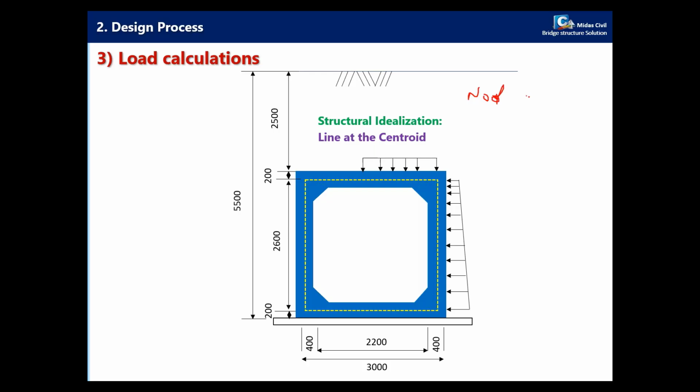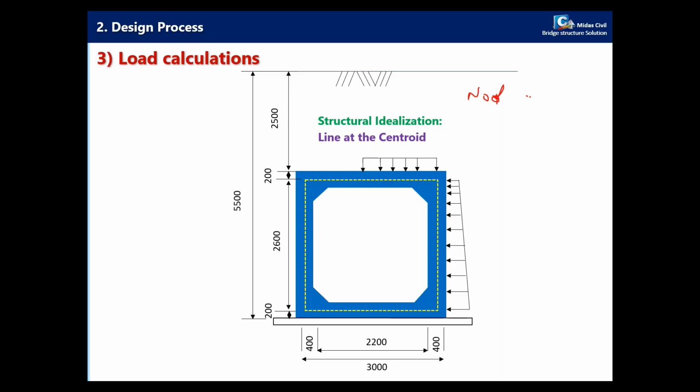In order to model the structure, we need to model it at the centroid of the structure as specified here. So we don't take all the thickness of the structure, but we specify the lines at the centroid. That's why, when you make the plane to make the model, you have to remember that these lines are at the centroid of the structure.